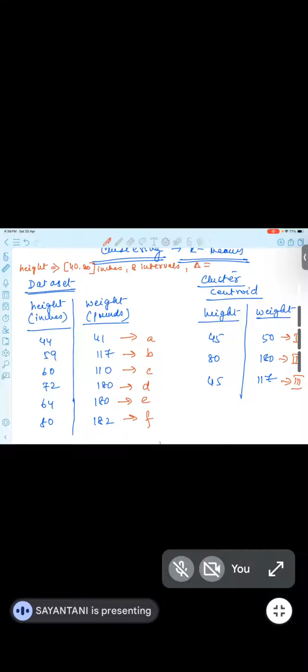And the difference between the intervals is going to be 5 inches. Okay. And for the weight, it has been said it lies between an interval 40 to 240 pounds. 8 intervals, same thing. And the difference between your intervals is going to be 25 pounds. So all this information is given in the question, right?